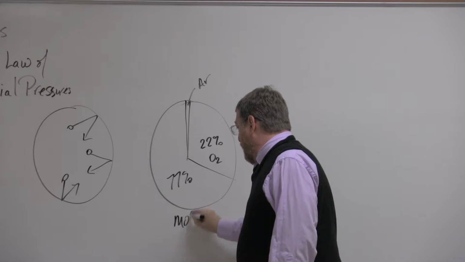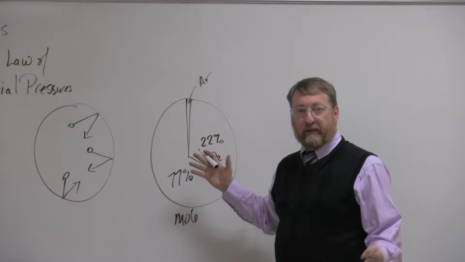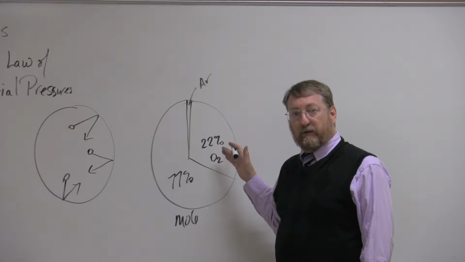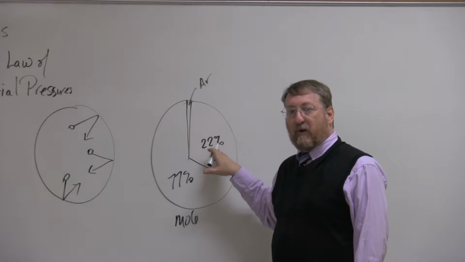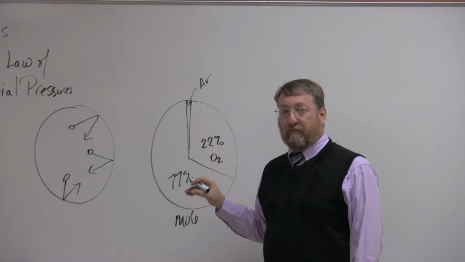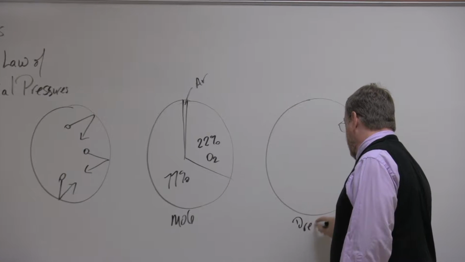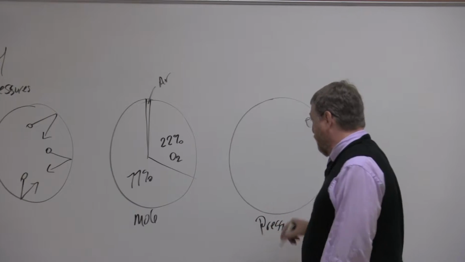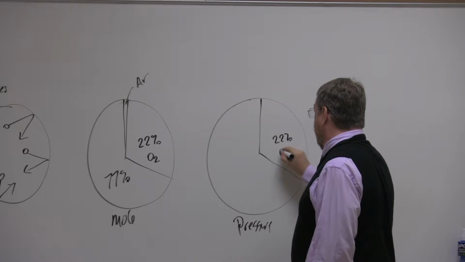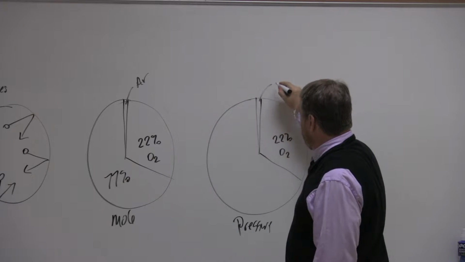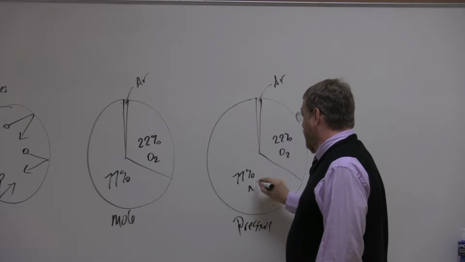Well, this is the breakdown by mole. So 22% of the moles in a quantity of air is going to be oxygen. What Dalton said is that if 22% of the moles are oxygen, then 22% of the pressure is oxygen. So if we did a little pie chart of pressure, the pressure would break out exactly the same way. 22% would be oxygen, some small sliver would be argon and trace elements, and then 77% would be nitrogen.